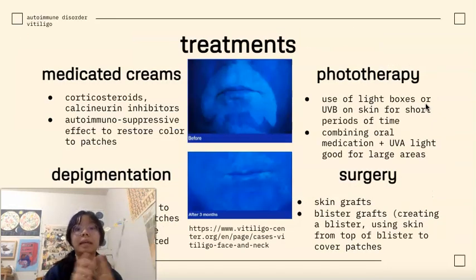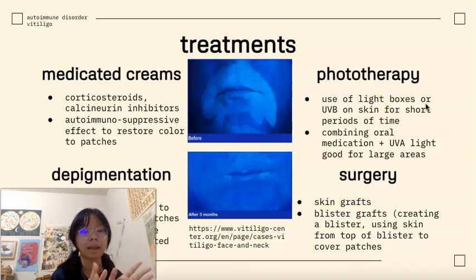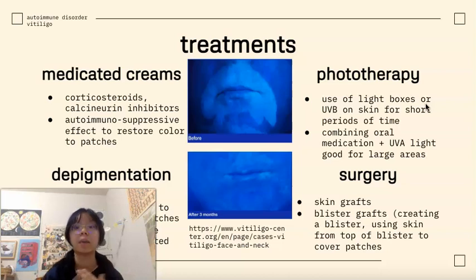So medication is generally in the form of medicated cream, corticosteroids, and calcineurin inhibitors. This follows the repigmentation path, where these creams aim for an immunosuppressive effect to restore color.